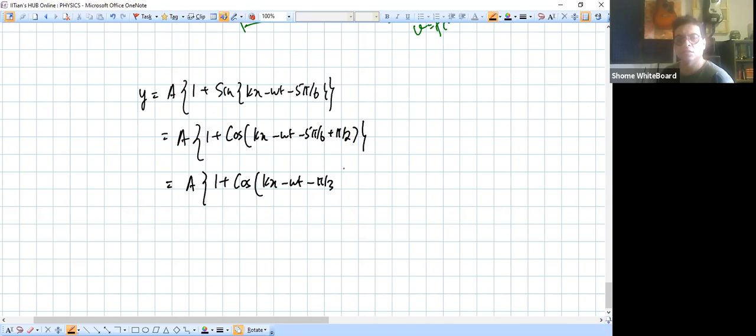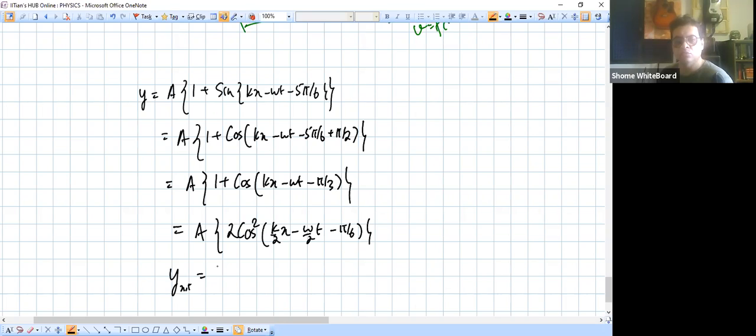Be this. And then write your cos as 2 cos square minus 1. So this way you can convert it to a cos square or a sine square function.